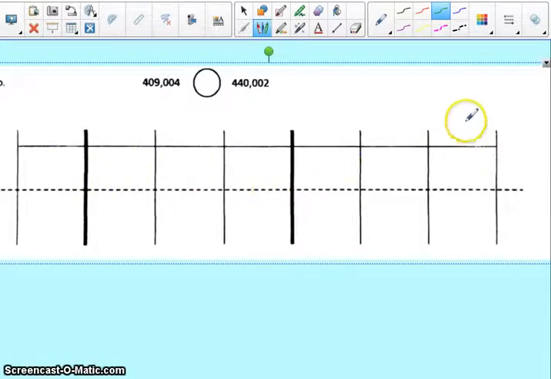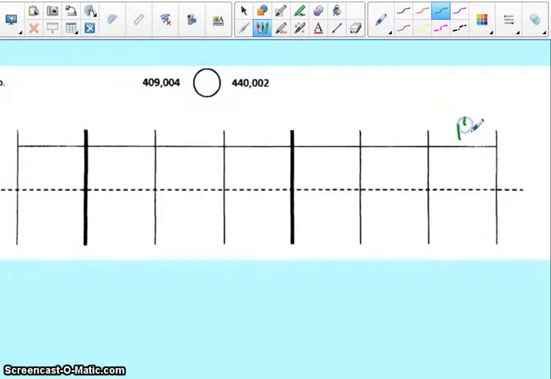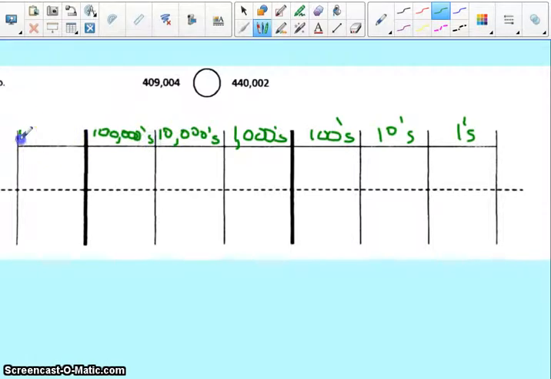So again, we've already labeled each of these place values. Ones, and I'm going to use numbers this time to make it a little faster. These are the tens. You can do the same thing. Hundreds, thousands, 10,000s, counting by 10,000s here, 100,000s, sorry, and then of course millions.